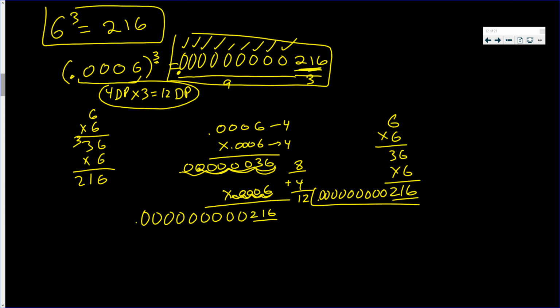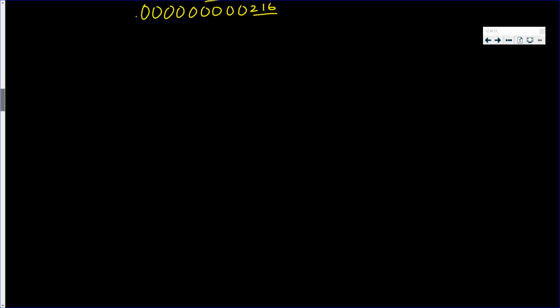Okay. Now, let's talk about square roots. The square root of 16 is 4. So, what is the square root of 0.0016? Whatever this equals, call it x.